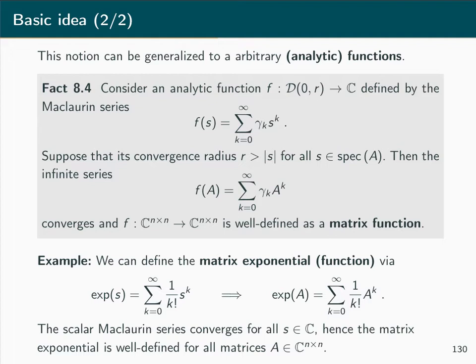It's also well known that this Maclaurin series converges for all s in the complex plane, which means that the convergence radius of this scalar Maclaurin series is infinity. Of course, this is convenient with respect to the convergence condition for the corresponding matrix function, because any matrix A will satisfy that all of its eigenvalues are in absolute value less than the convergence radius if the convergence radius is equal to infinity.